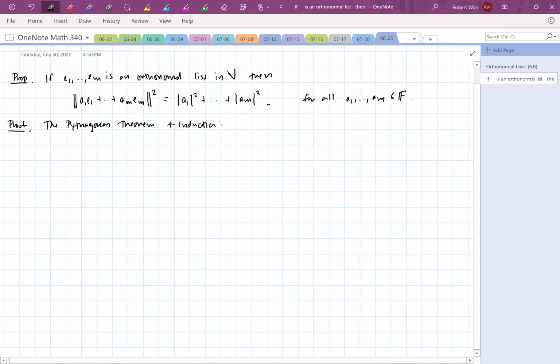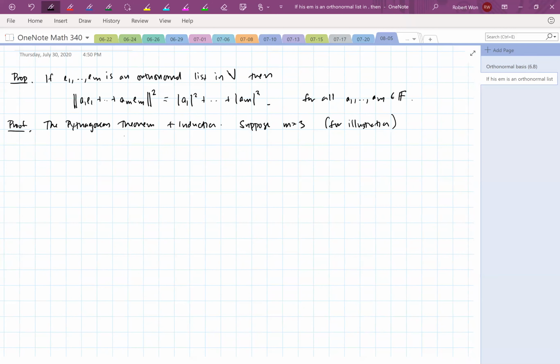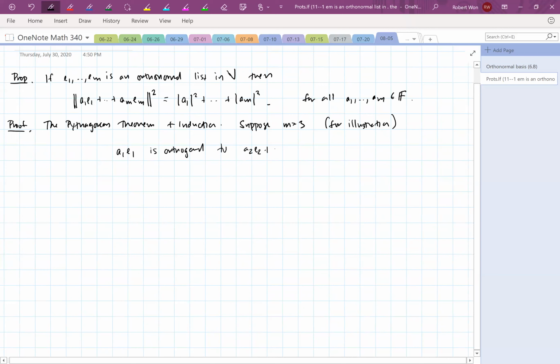But let's just suppose that m equals 3 for illustration. Okay, but the point is that A1 E1 is orthogonal to A2 E2 plus A3 E3.